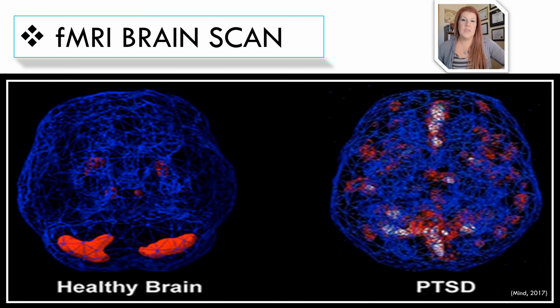Thank you. This is a slide of an actual fMRI between two brains. The one on the left is a normal brain. The one on the right is somebody that suffers from PTSD, so you can actually visually see the physical differences between the two brains.